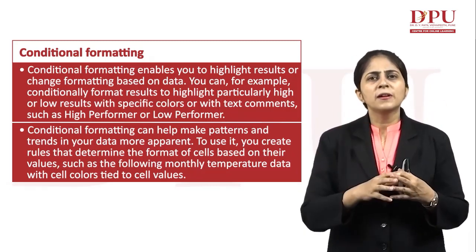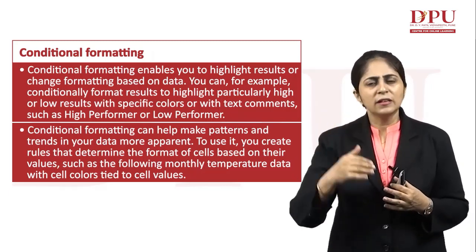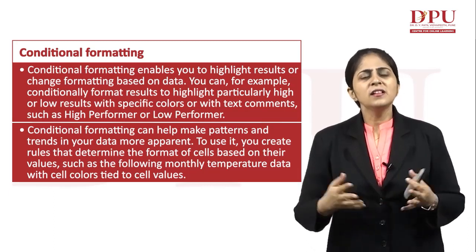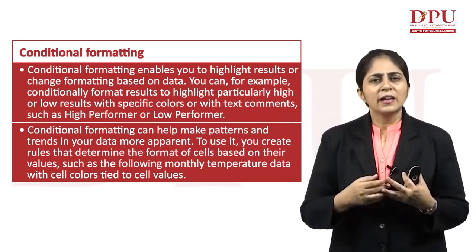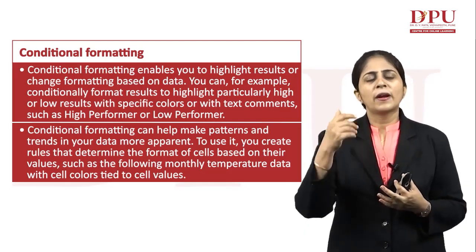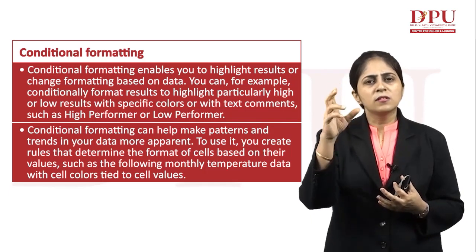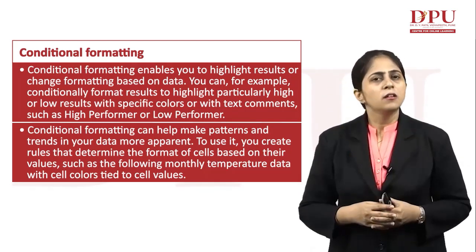You want to see the temperature data, so you may put some colors as per the temperature records. So conditional formatting helps us to see the data very quickly and easily. If they are formatted into different colors, or if some columns of our records are formatted in bold, we can easily see them.